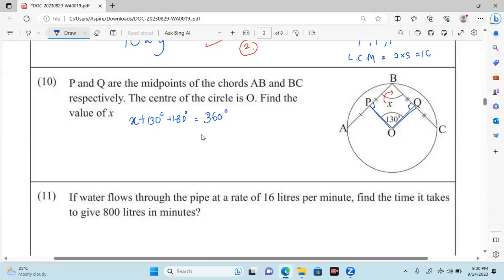Then subtract. What is the sum of these? It is 310, equals 360.